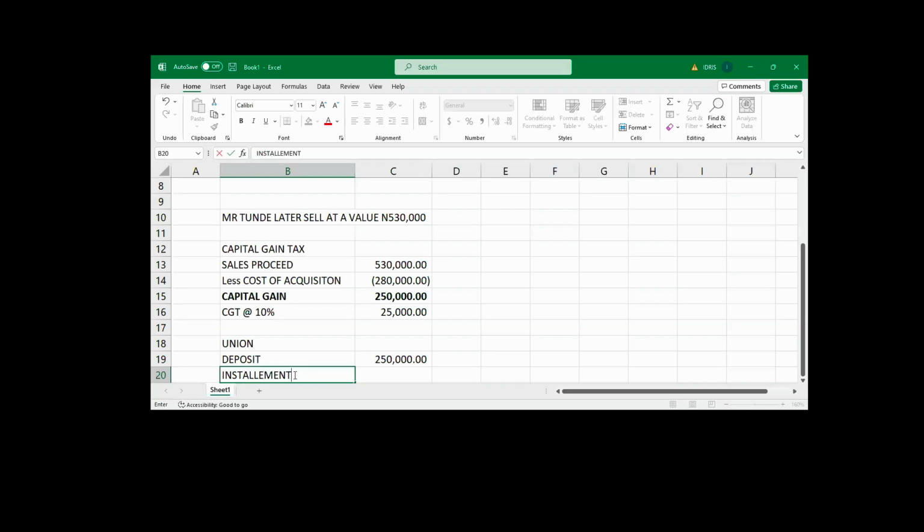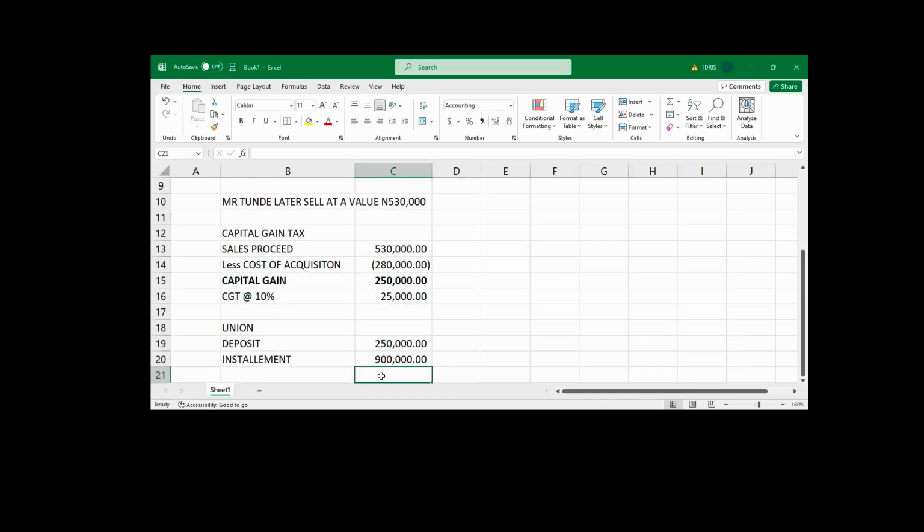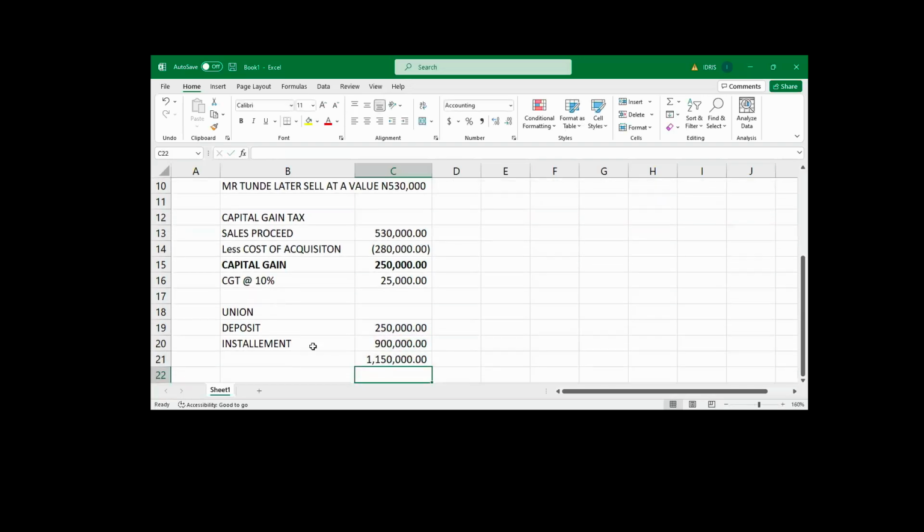He is going to pay 36 installments of 25,000 per installment. 25,000 times 36 is 900,000. So the total hire purchase price is 1,150,000.